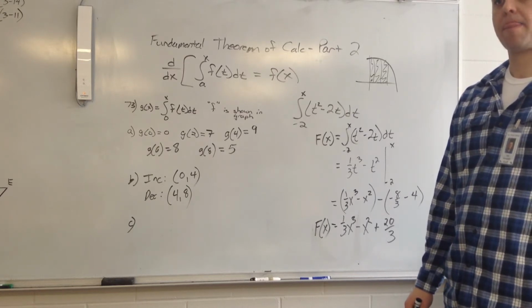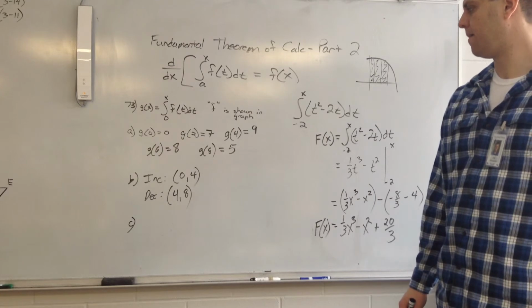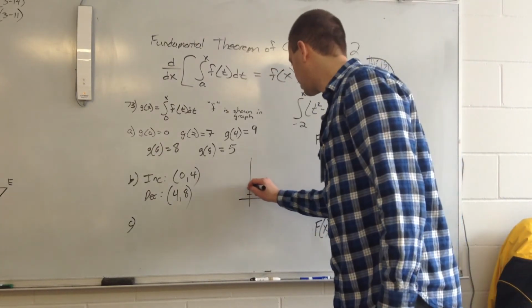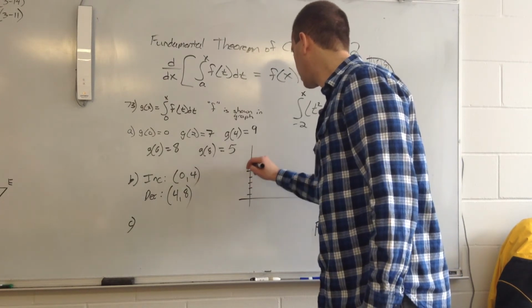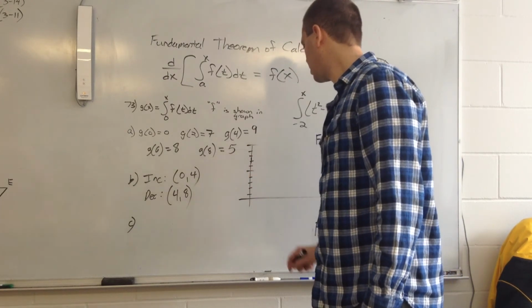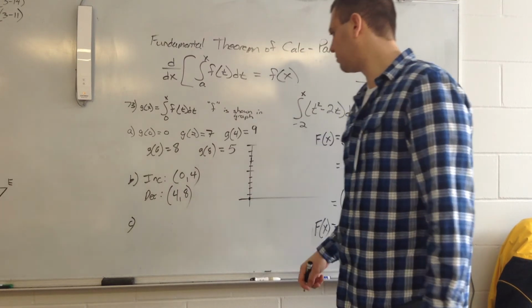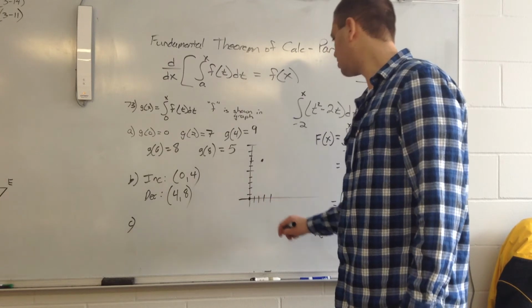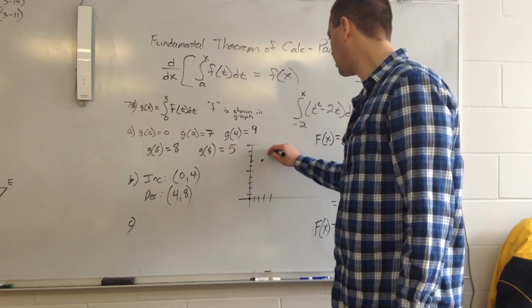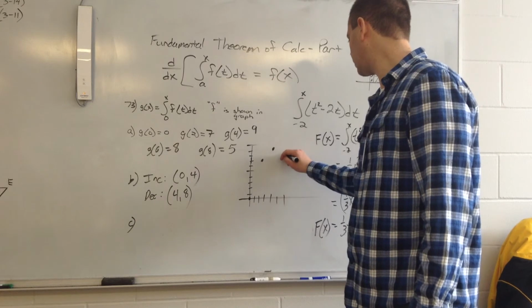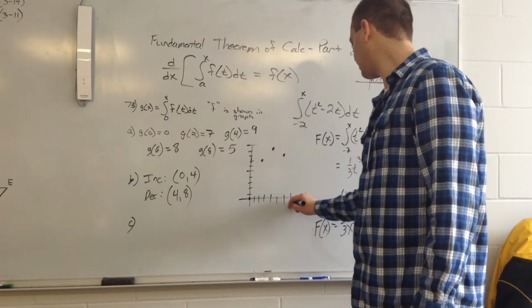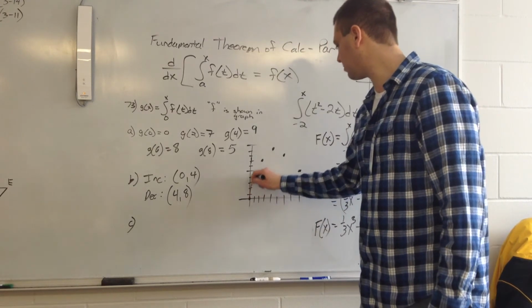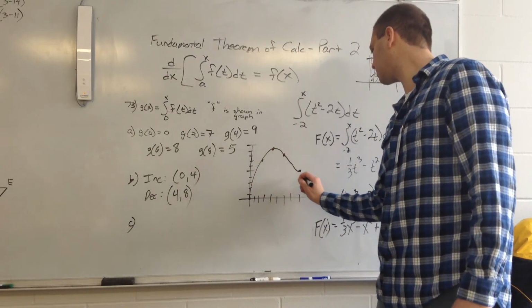If I think of this and draw a sketch: G of 0 was 0, G of 2 was 7, G of 4 was 9, G of 6 was 8, G of 8 was 5. So the graph looks something like this.